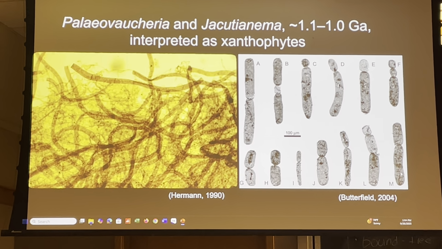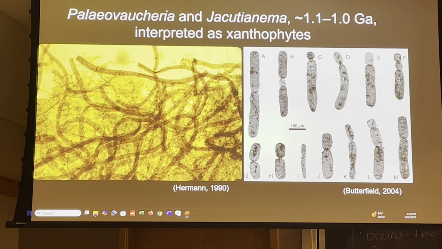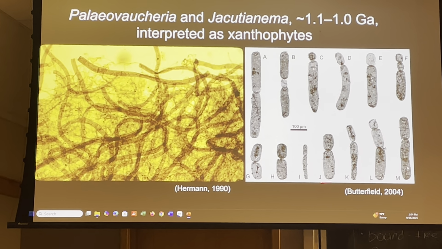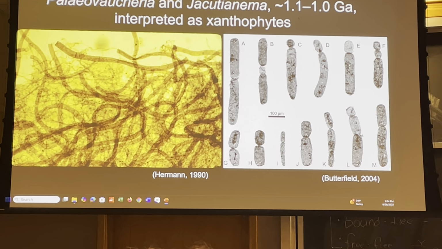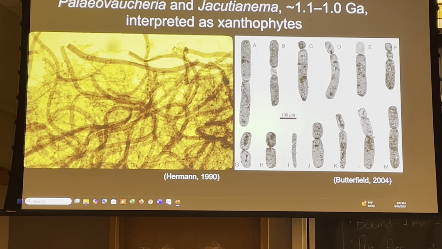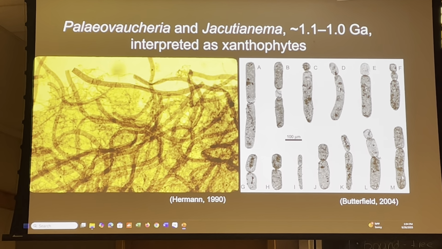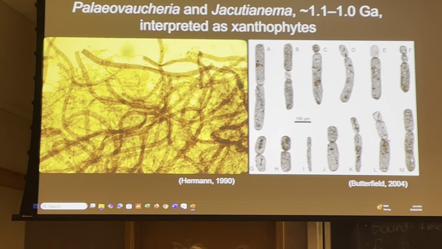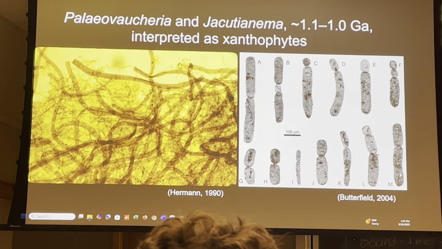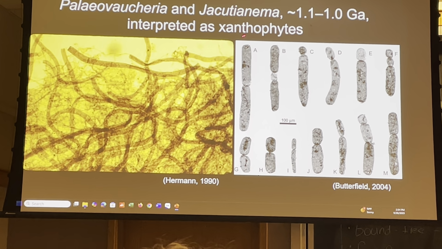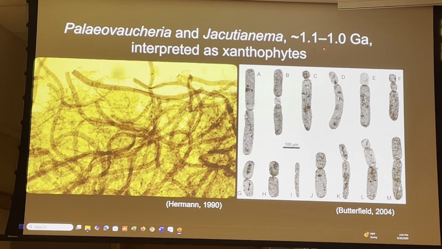And sometimes they divide the tubes into large and small segments. Both of these structures are comparable to a living group of algae called xanthophytes, which belong to the group of stramenopiles that I mentioned earlier.